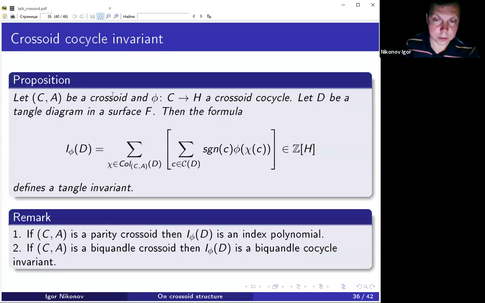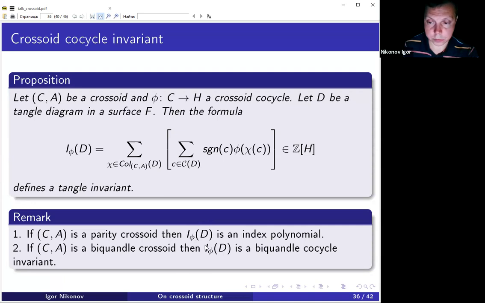And given a cocycle, one can consider this formula, the cocycle invariant. It is an analog of the quandle cocycle invariant or biquandle cocycle invariant. And one can see that this is a tangle invariant, a knot invariant. In special cases, when we take the parity crossoid, this formula gives the index polynomial.